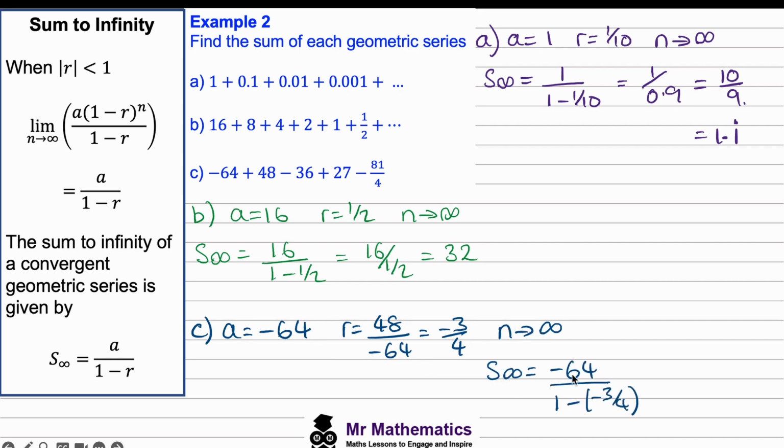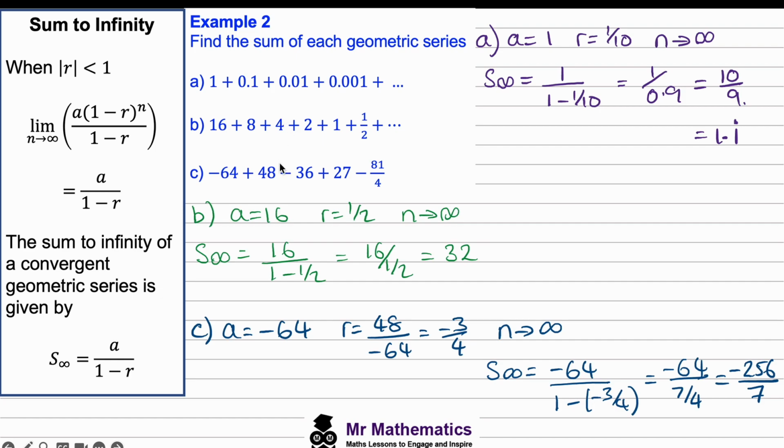So the sum to infinity will be negative 64, our a value, over 1 minus negative 3/4. We'll simplify our denominator, and then negative 64 over 7/4 will be negative 256 over 7. So this is how you apply this sum to infinity formula for different numerical series.